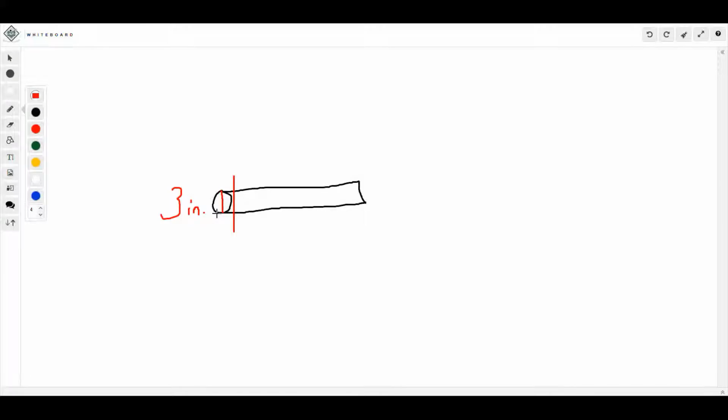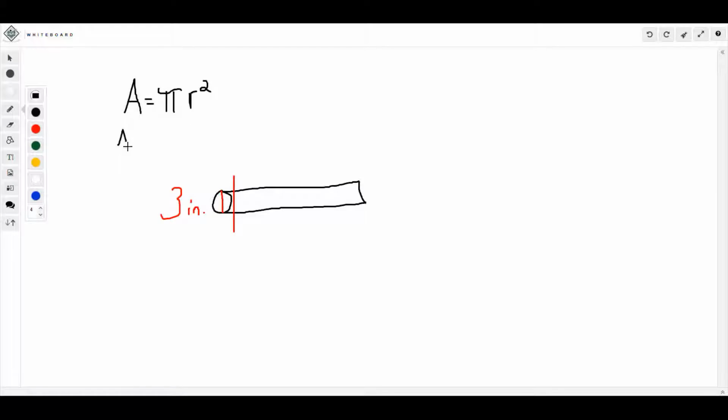Okay, so what we have to do is figure out the area in inches, and then we'll convert that to square millimeters. So let's see if we can do that. Alright, so the area of a circle is pi r squared.